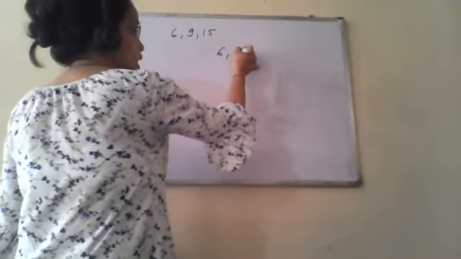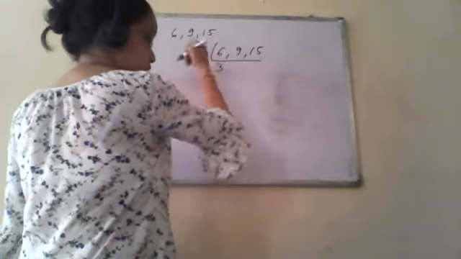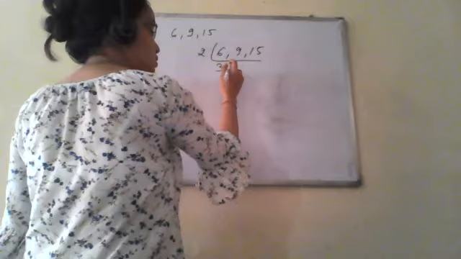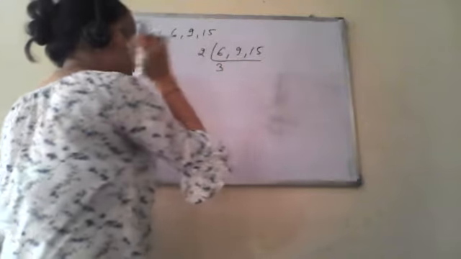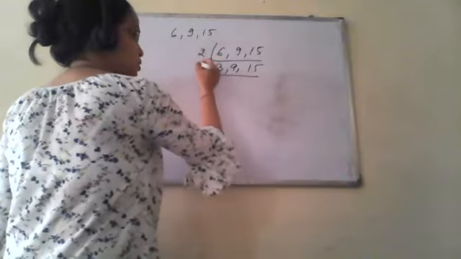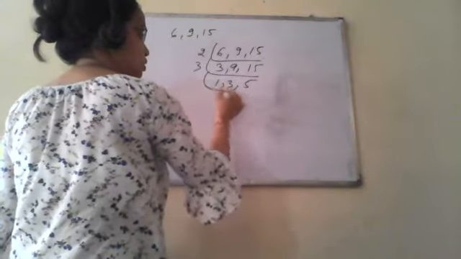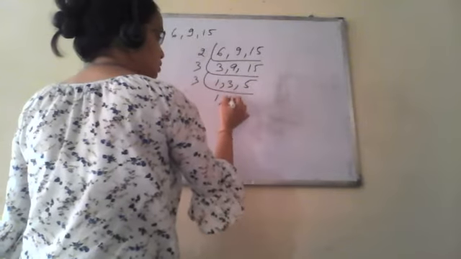So it is 6, 9, 15. We will find the LCM by this long division method, which is a type of prime factors. So this is 15, 3, 5, 3.